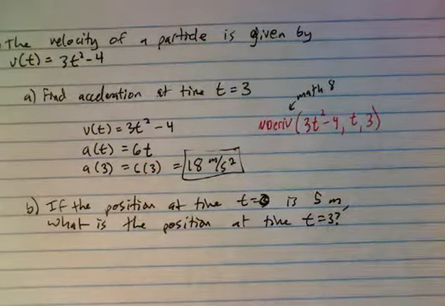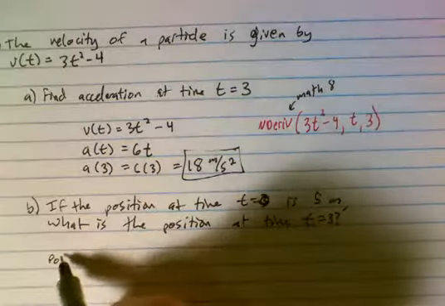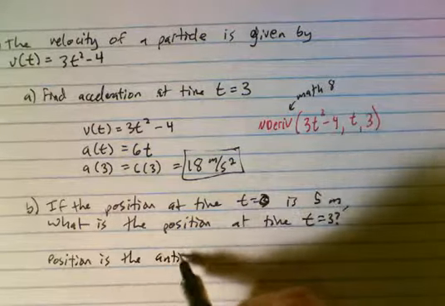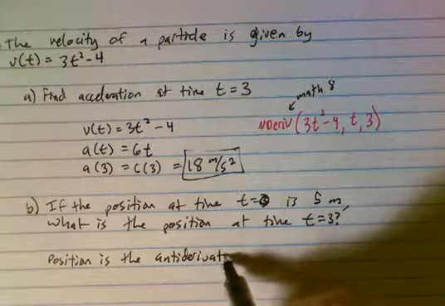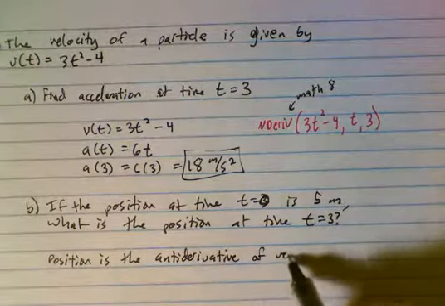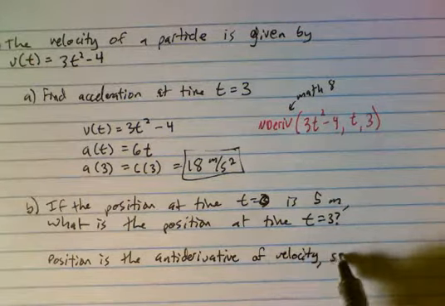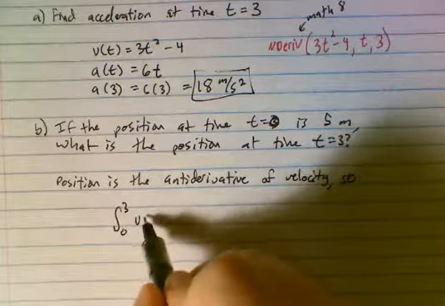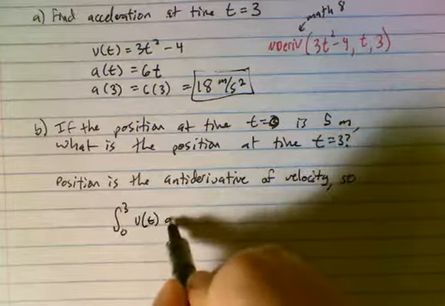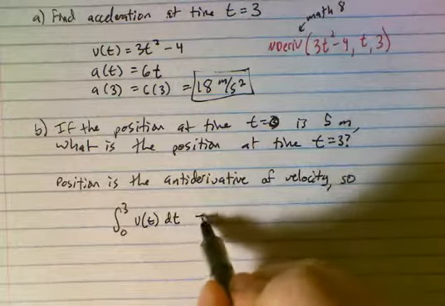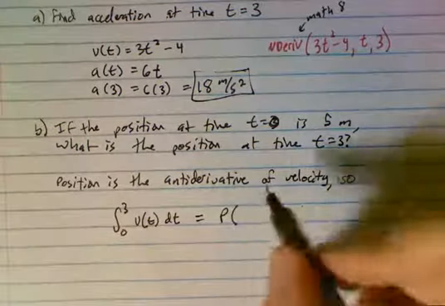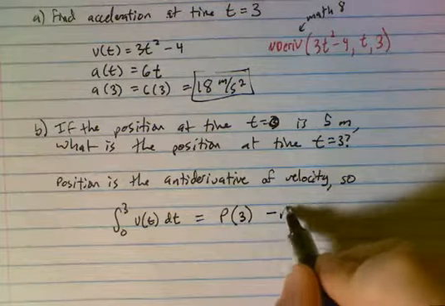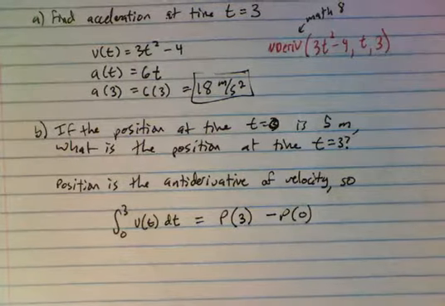Since position is the antiderivative of velocity, that means if we take the integral from 0 to 3 of v of t dt, that's going to give us the position at time equals 3 minus the position at time equals 0.